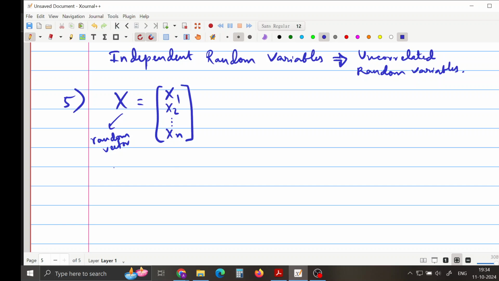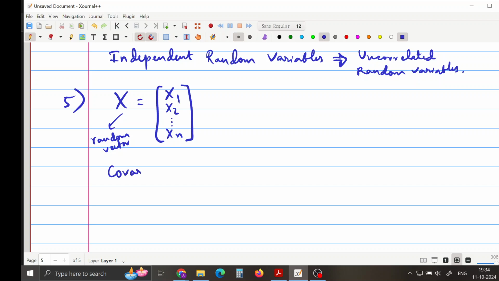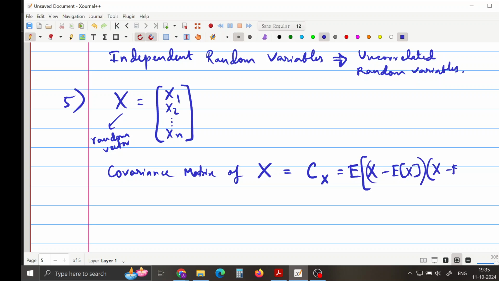All right, so what is the covariance matrix of this random vector, right? Covariance matrix of x is, if I denote it by cx, nothing but expectation of x minus expectation of x times x minus expectation of x transpose, because now we are dealing with random vectors, so we have to use this transpose.